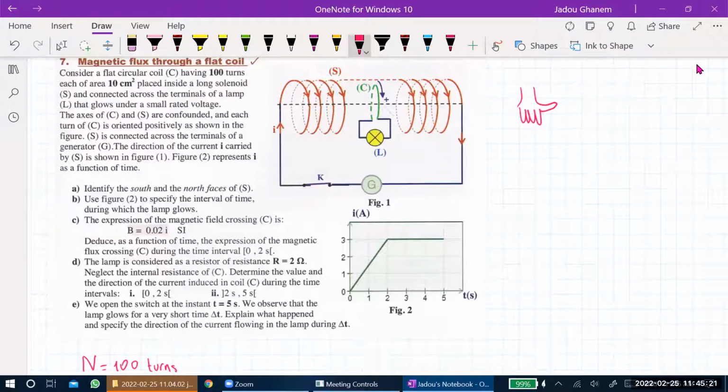I'm sure that Ghiwa used, maybe she's using her left hand to get a different answer. So this will be the direction of B. Here will be the north and here will be the south. If I want to draw it on the solenoid directly, here is the direction of I, this one will be the north pole and this one will be the south pole, on the right side and on the left side. If there is any question, let me know please.